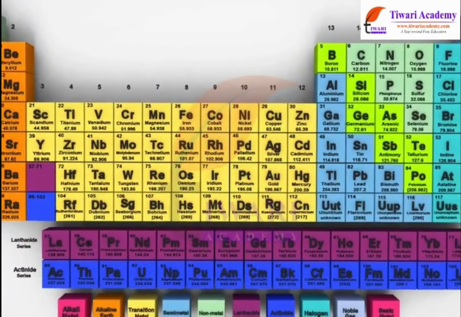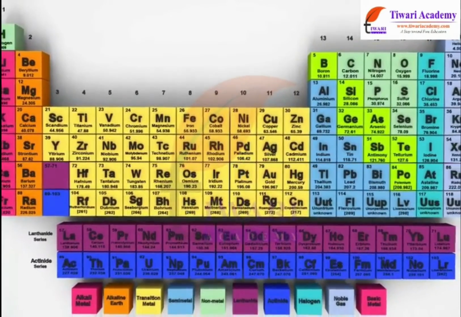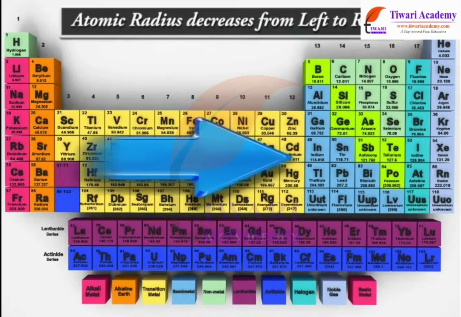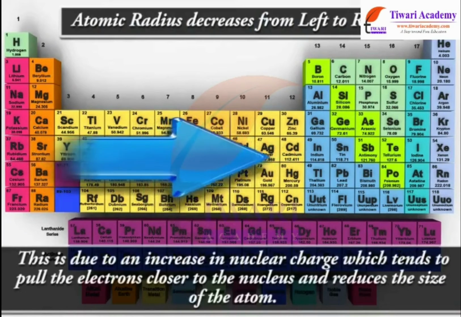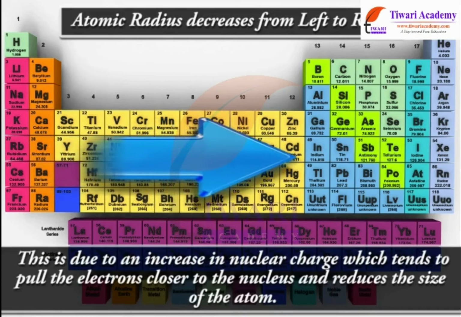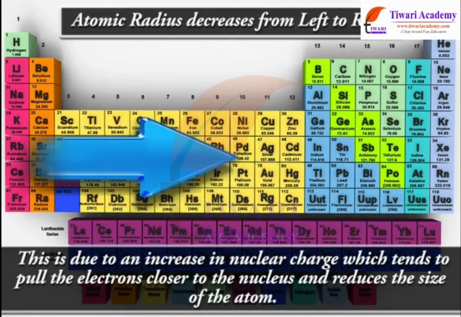You will see that the atomic radius decreases in moving from left to right along a period. This is due to an increase in nuclear charge, which tends to pull the electrons closer to the nucleus and reduces the size of the atom.